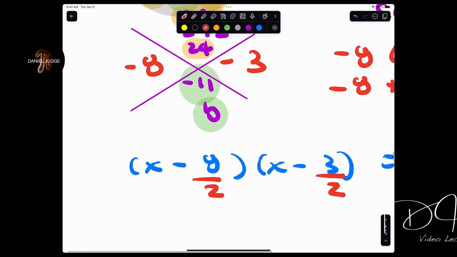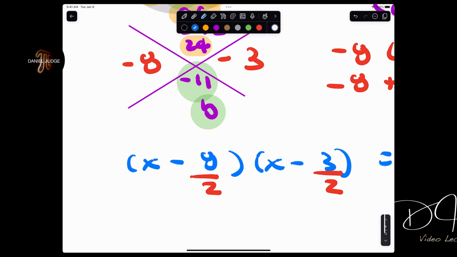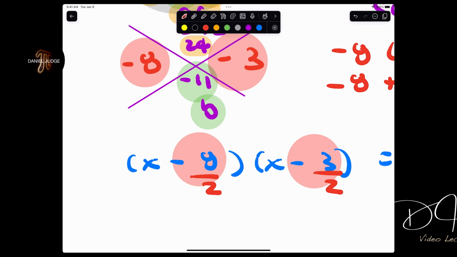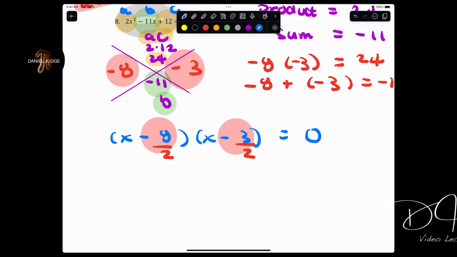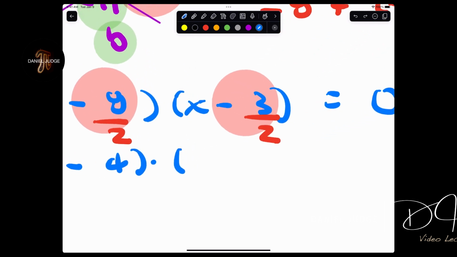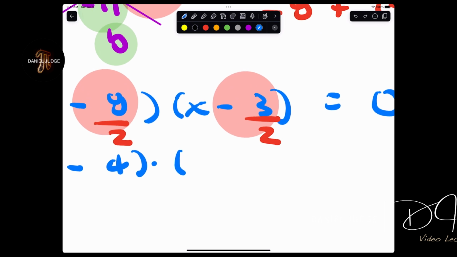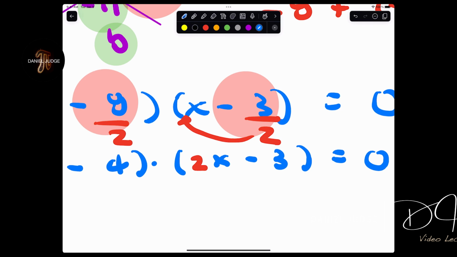So I always divide those two numbers found here and here by the a value. And 8 divided by 2 now is going to be 4, but there's a negative sign or subtraction already in front. And then you have a problem with the next one, because 3/2 is not a whole number. You're going to get a decimal again. So because of that, you're going to move that number in front of this x. There's going to be a 2 here now. And you get x minus 3. And that'll equal 0.